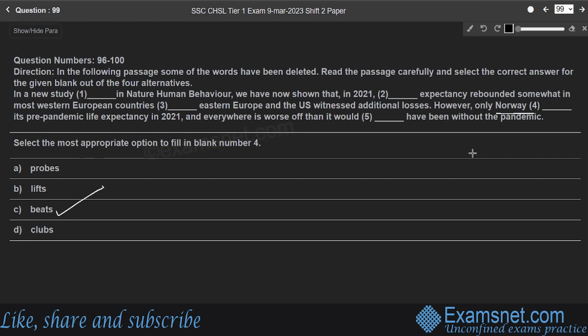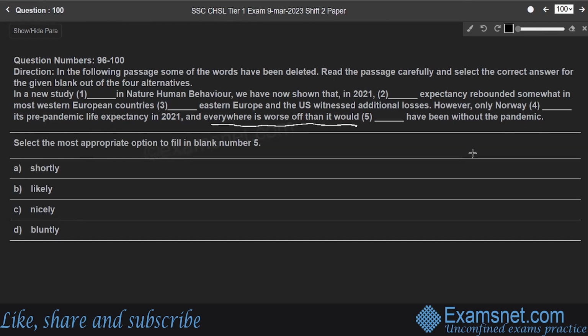So here, Norway beats its pre-pandemic life expectancy in 2021. And everywhere is worse off than it would blank. For that, let us go to the last question, question number 100. And everywhere is worse off than it would blank have been without the pandemic.